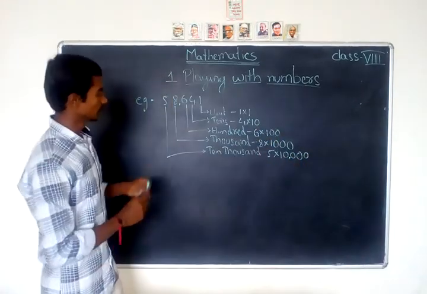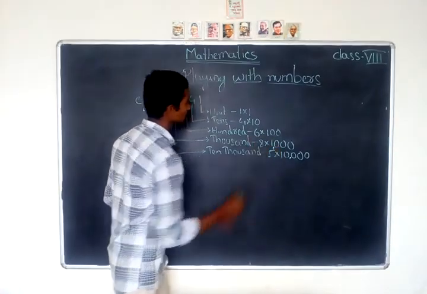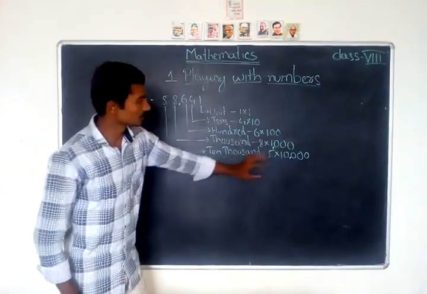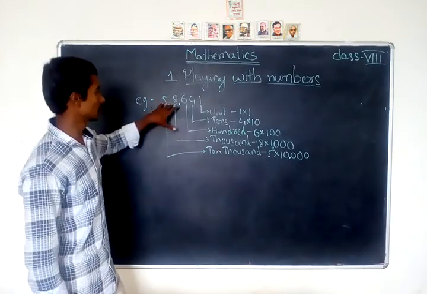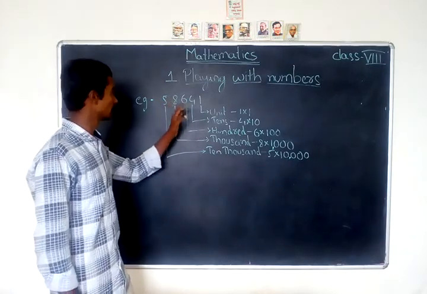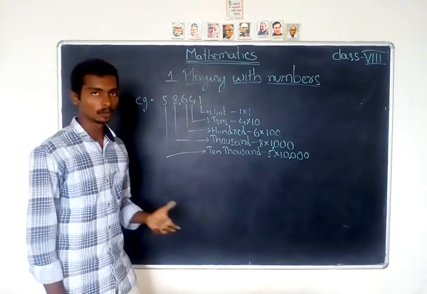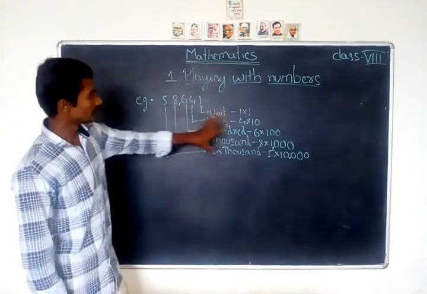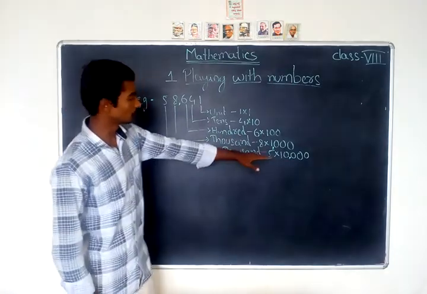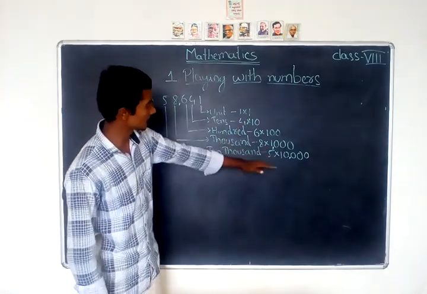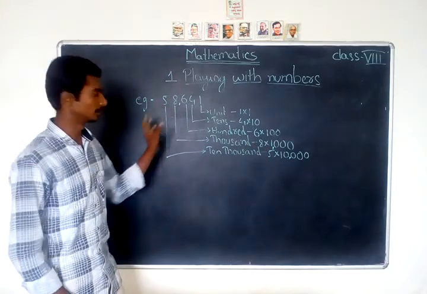Okay? In this case, if we add all these numbers, what we should get? We should get this, that is 58,641. Then only we can say that this is general form of this number. Let's check if the sum of these numbers will be equal to this.